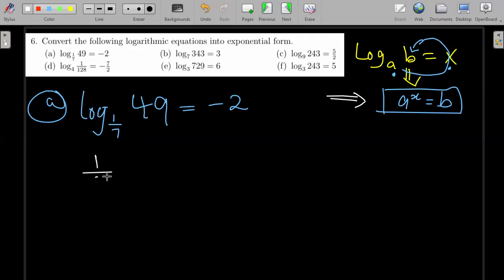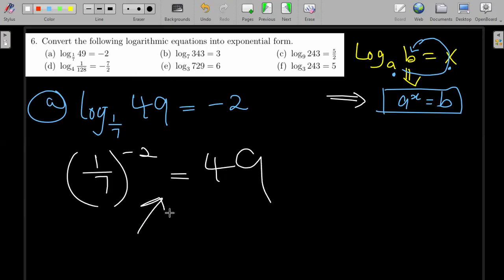So base 1 over 7 to the power answer, which is minus 2, is equals to what is in the middle, which is 49. That's how we found the answer. And then the other part, I was just trying to show how this is equals to 49. Okay, so have you gotten it now? How to convert there? Yes, I have. Thanks so much.